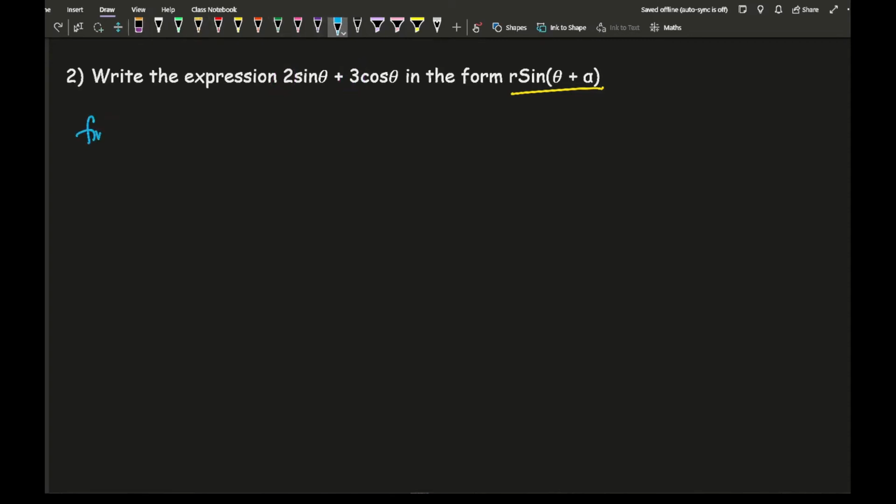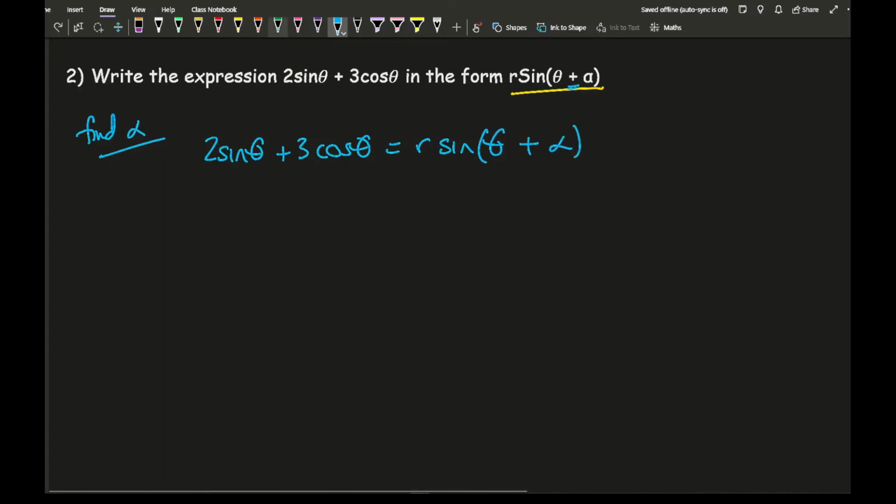So the first thing I'm going to do is find what alpha is. Looking at this, 2 sine theta plus 3 cos theta equals r sine of theta plus alpha. They've already told me that sine is what I'm going to use. Now I know that this is sine theta cos alpha plus cos theta sine alpha.